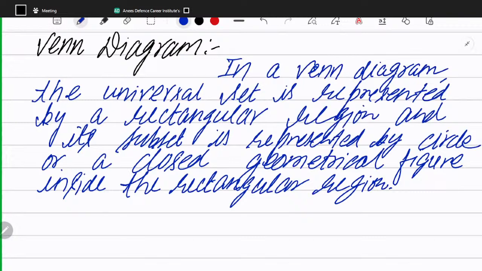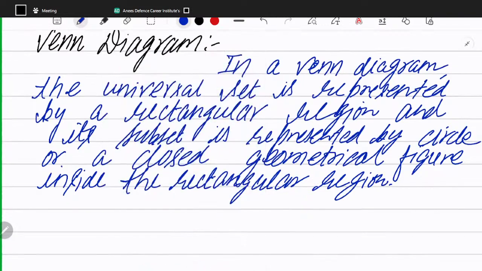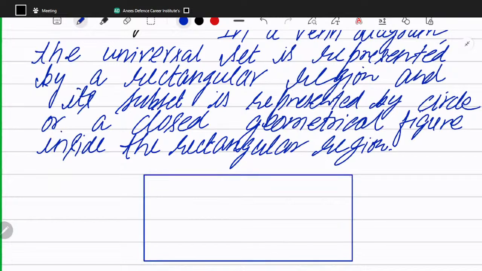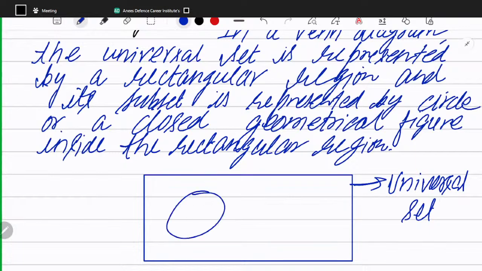Example, let's say this is a rectangle which represents a set. This is the geometrical representation of a set. If a rectangle is here, then this represents a universal set. Inside it, generally I'm taking a circle.